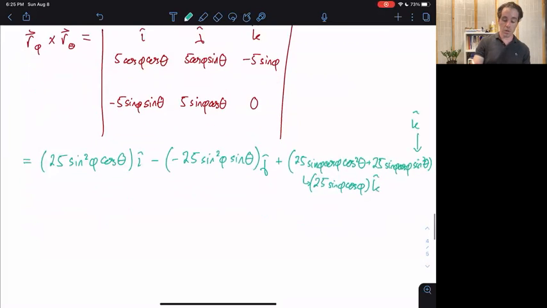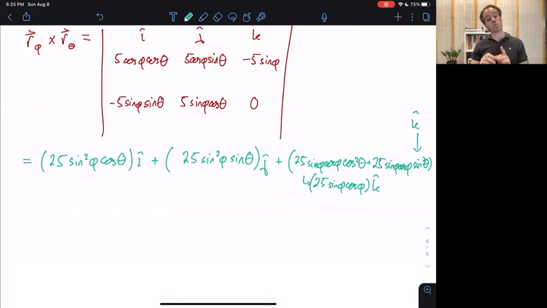is the k component. I'm also going to, at this point, turn these into plus signs because after all, they do have a double minus. So that's going to be just regarded as a positive number.